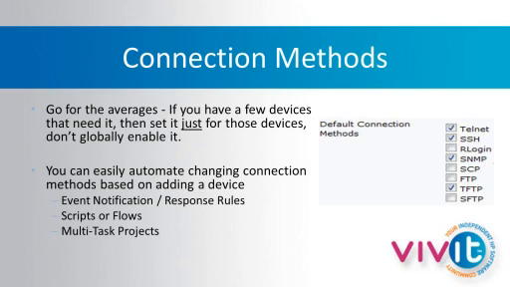So really, just think about this and say, oh, well, we only have SSH. We have no telnet devices. Unselect telnet. Or, perhaps they don't allow TFTP. Unselect this option.